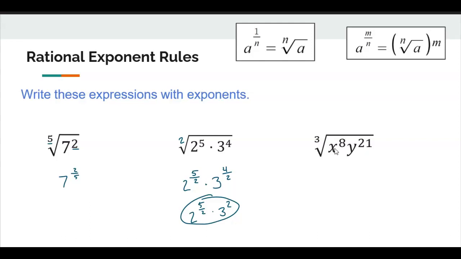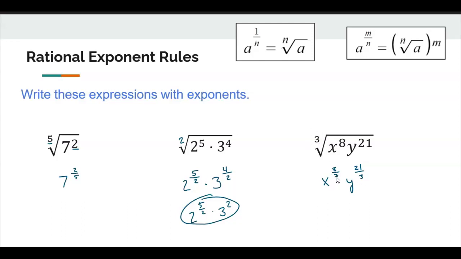How about this one? x to the 8th, y to the 21st, and we're going to cube root that. 3 root. Well, let's use this rule up here. We get x to the 8 over 3, y to the 21 over 3.